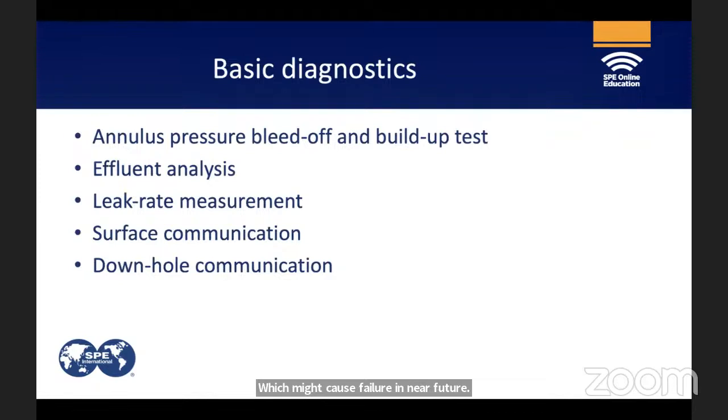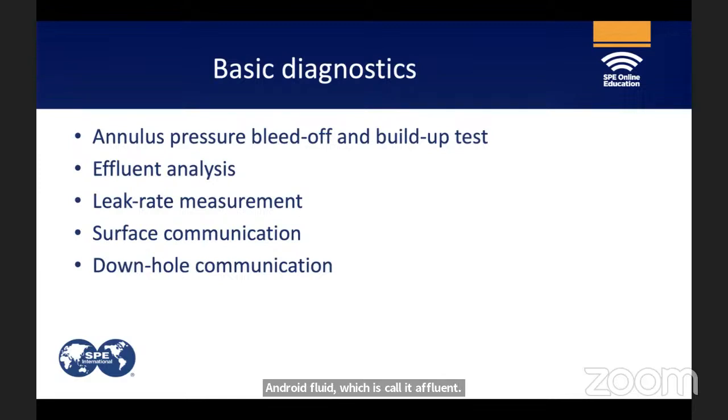So these are basic diagnostics which we can perform if we see a sustained annulus pressure on surface, which could be a simple annulus bleed off and build up test. When we bleed off, we collect the annular fluid, which we call effluent. We can do a composition analysis of that fluid.